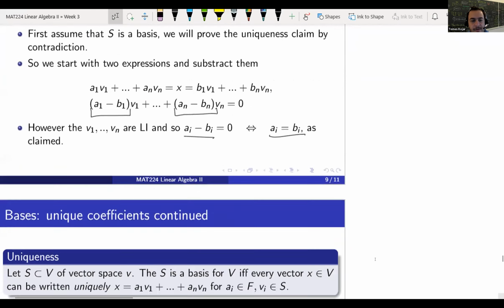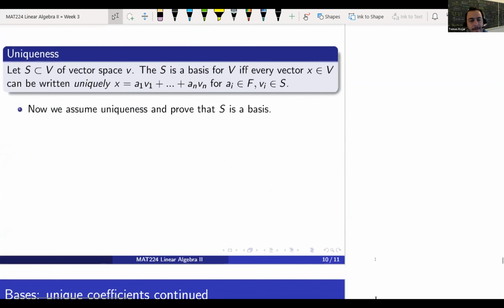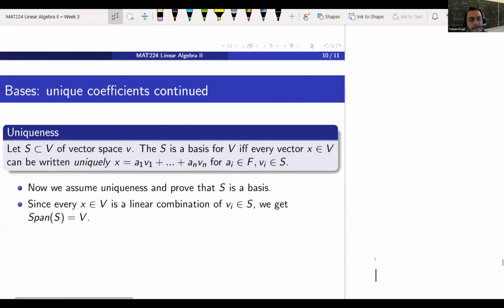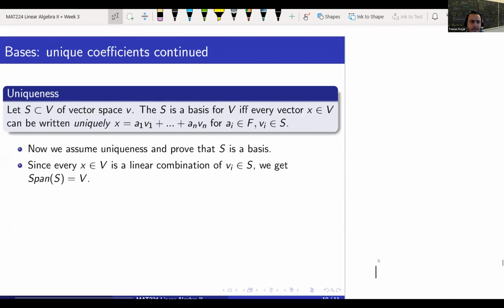So let me go here and explain what they say. You assume that every x in V is a linear combination of the vi. Now we will show that S is linearly independent. So this is not an assumption.